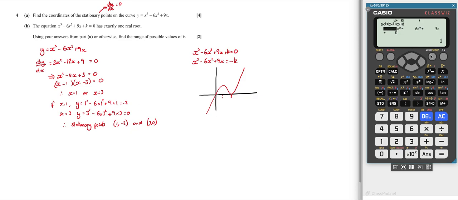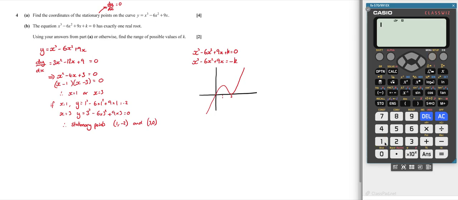Let's just solve the polynomial we had in the second with the dy by dx. So we've got 3 minus 12 and 9, which is 3 and 1. Okay, so we're happy with those. So let's just go back and just check that again.